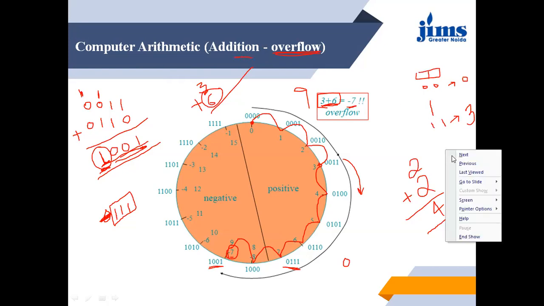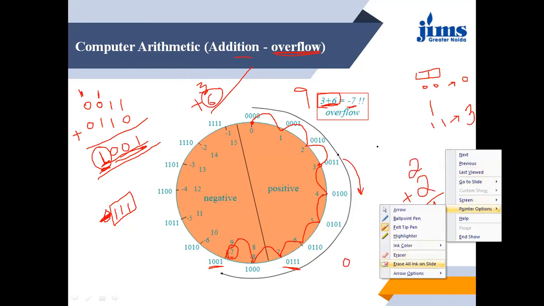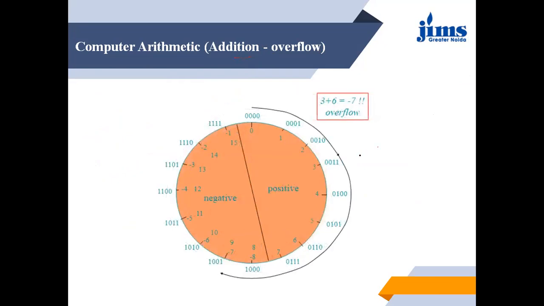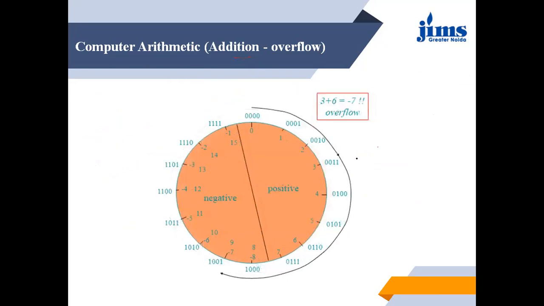Now we will try to understand the underflow also. The underflow in case of negative numbers. In case of overflow, the values reach from positive to negative, and in underflow, values reach from negative to positive.